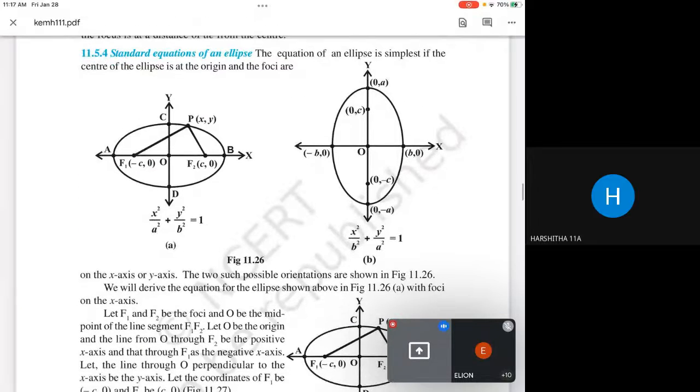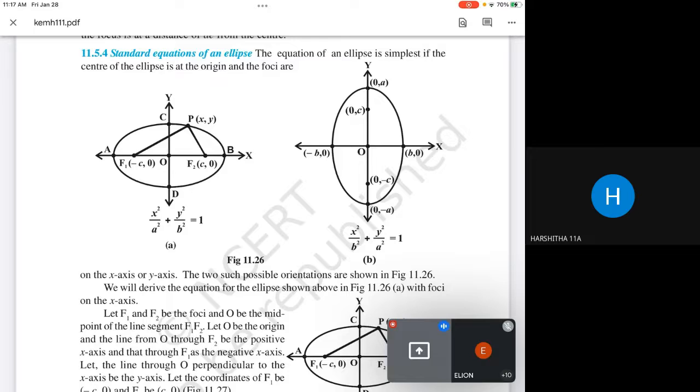The equations of the ellipse which has the x-axis as a major axis, and the coordinates we are taking: A coordinate is minus a comma 0, B coordinate is a comma 0. In that way, the equation of the ellipse is x square by a square plus y square by b square equal to 1.